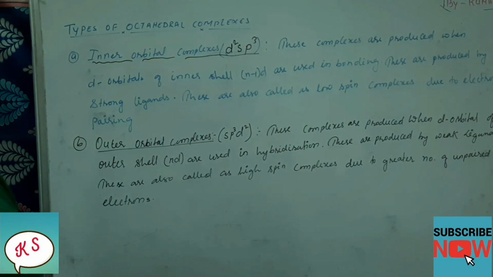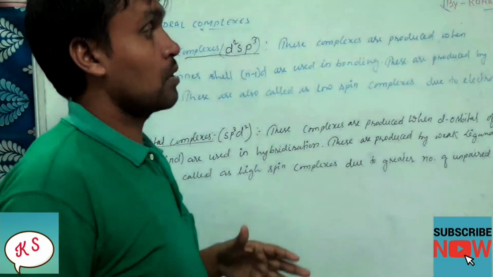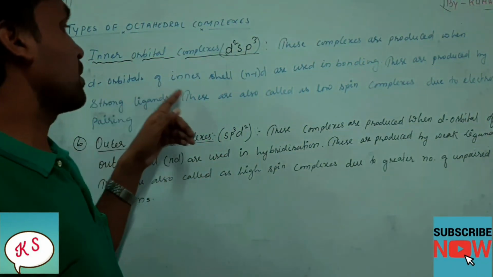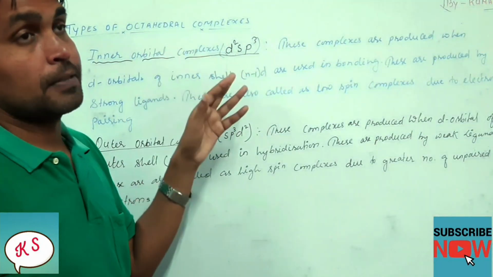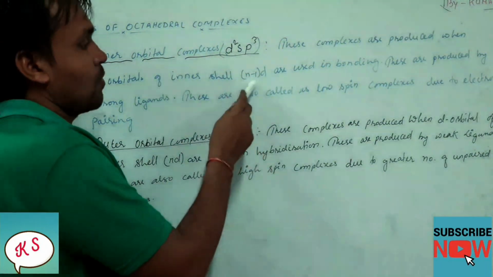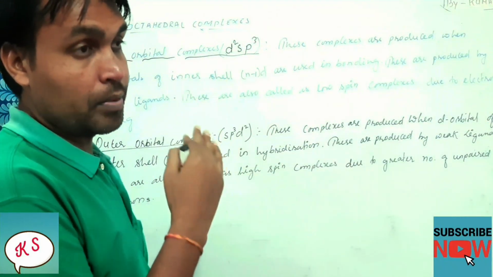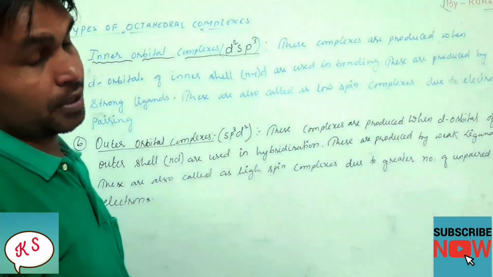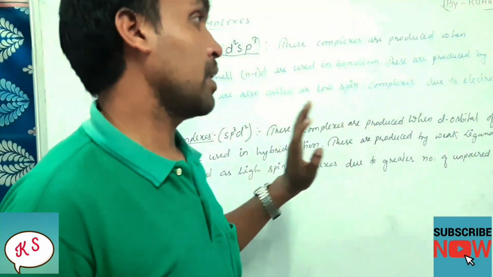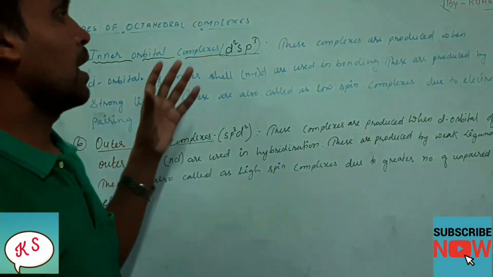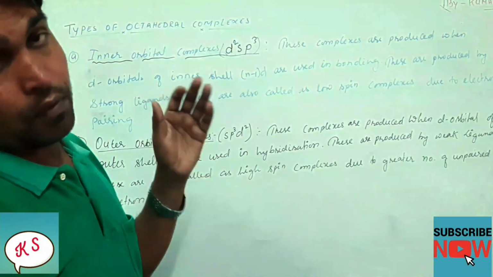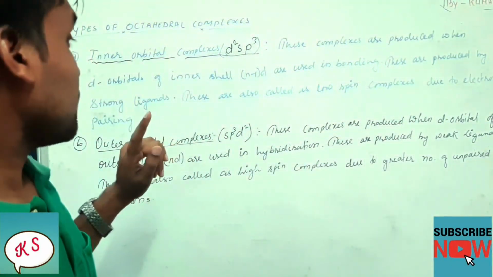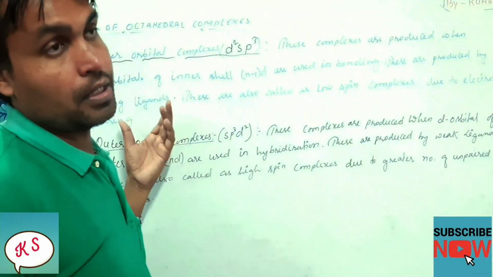Inner orbital complexes are those complexes which are produced when the d orbital of the inner shell, that is (n-1)d, is used in bonding.